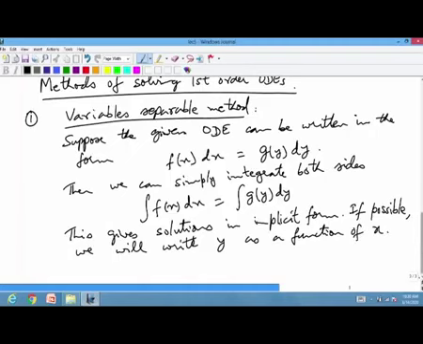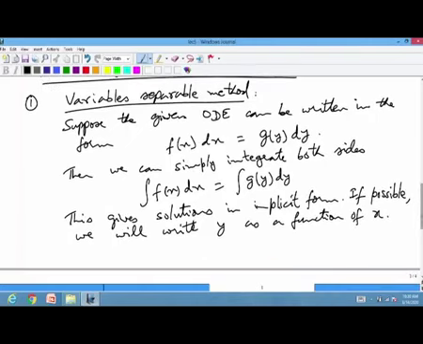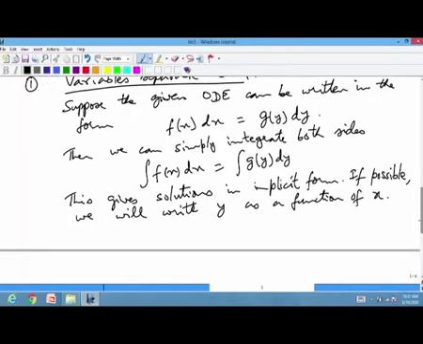So, this is the first method where you can separate the x and y variables like this.